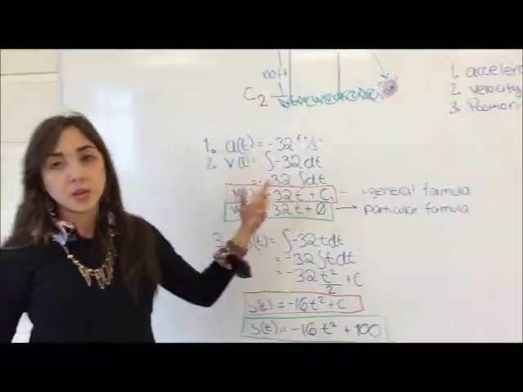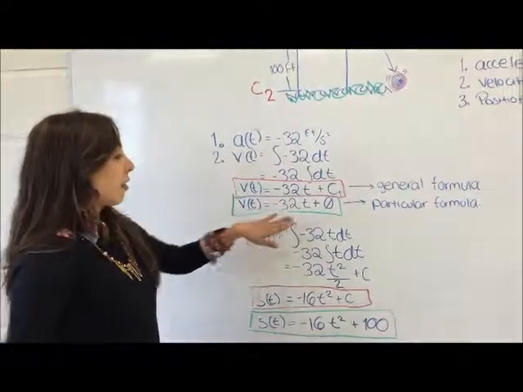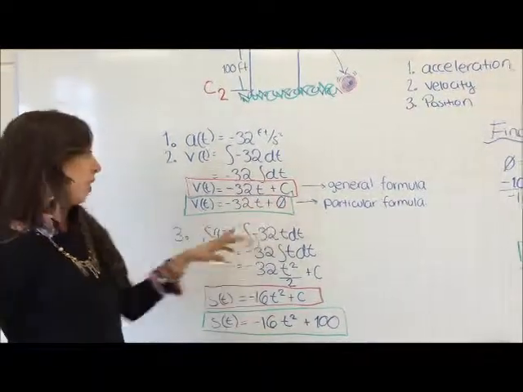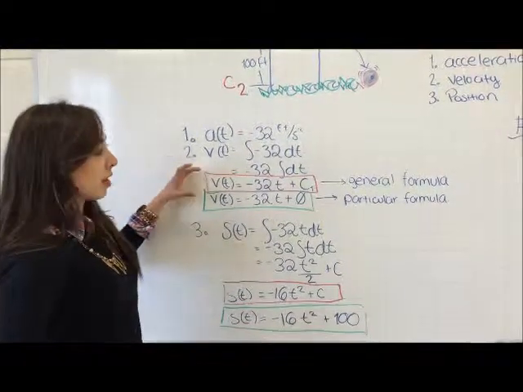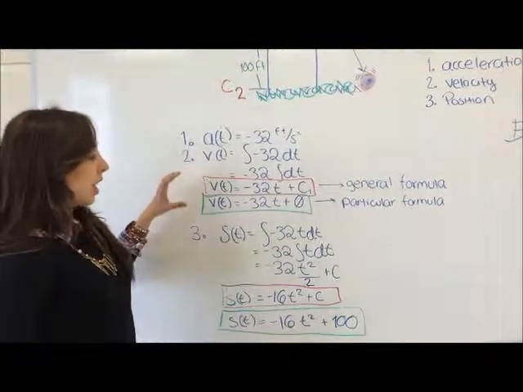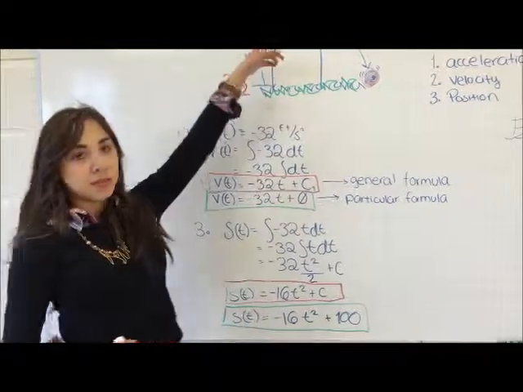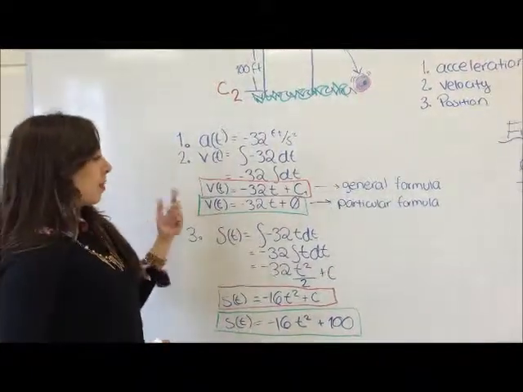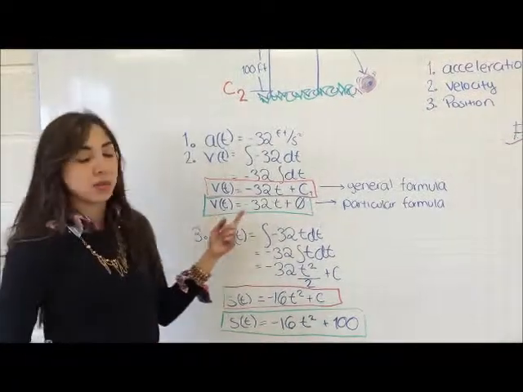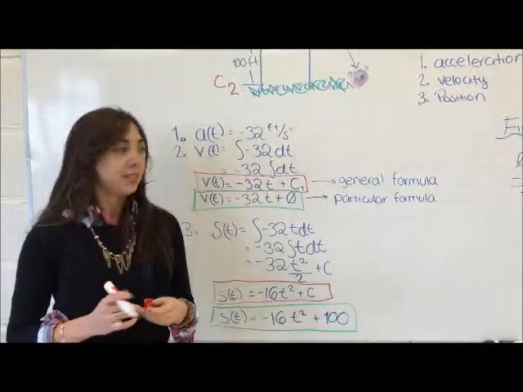Since our C1 is the initial velocity, our constant is going to be 0. So our general formula is this one, and for the particular formula we substitute C1 with our value in velocity. At the end, it's going to be minus 32t plus 0.